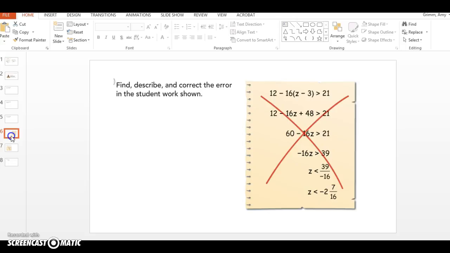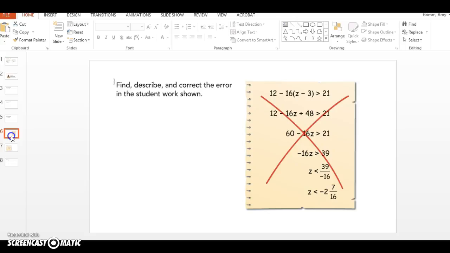Okay. All right. So go through here and see if you can find the mistake. So a kid has made a mistake. What is the mistake? Everybody take a minute, look at it, see if you can find it. All right, who knows what the mistake is?